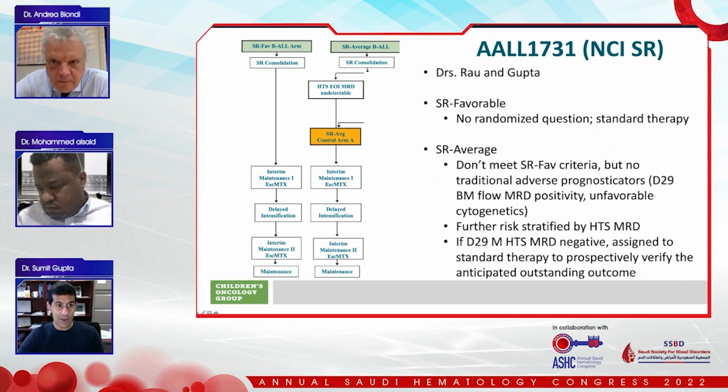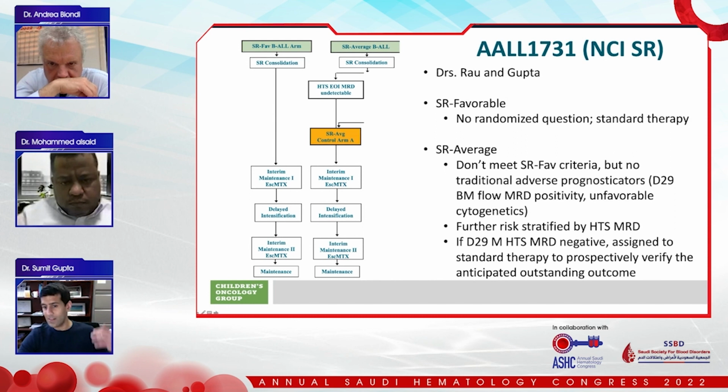And if they are HTS MRD negative, then they just get standard therapy so that we can prospectively verify what we think is, based on that retrospective data, an outstanding outcome for this group. So again, when we talk about trying to identify further groups in COG that have outstanding outcomes, one of the ways we're doing this is by betting on HTS and seeing whether that allows us to do that or not.